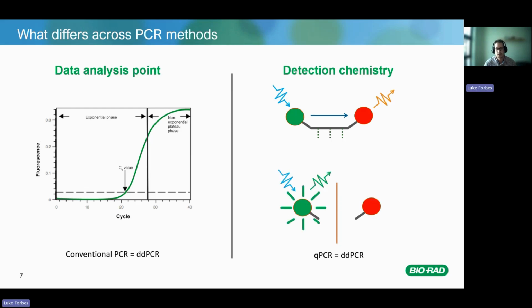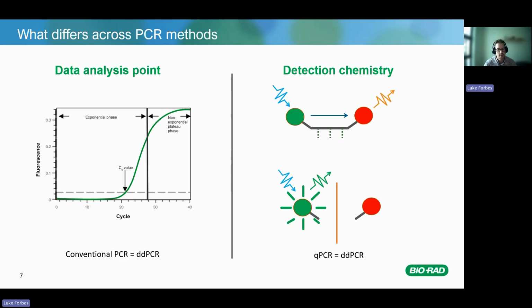Well, in conventional PCR and in ddPCR, we analyze the data at the endpoint. So if you look at that sort of curve taken from a real-time PCR system, you can see at the endpoint is called a non-exponential or the plateau phase. And that's where in conventional and ddPCR, you analyze your results.